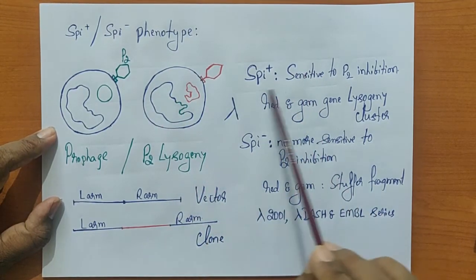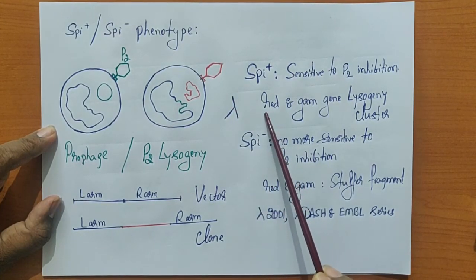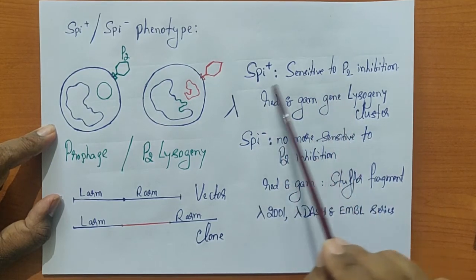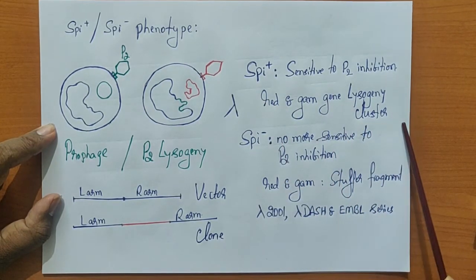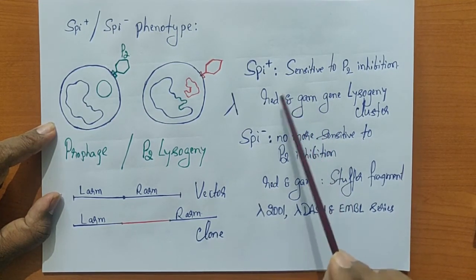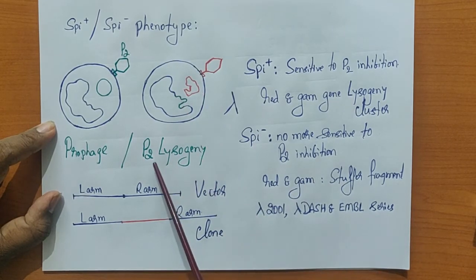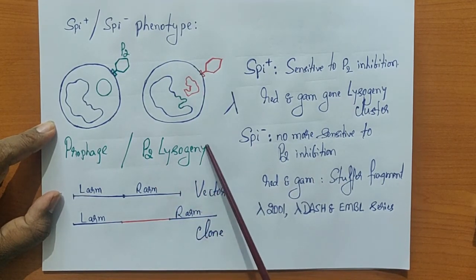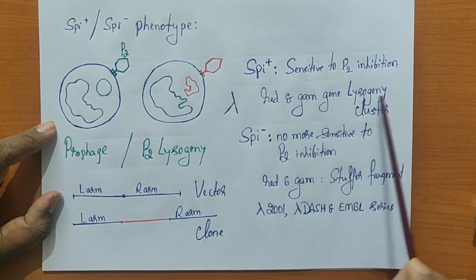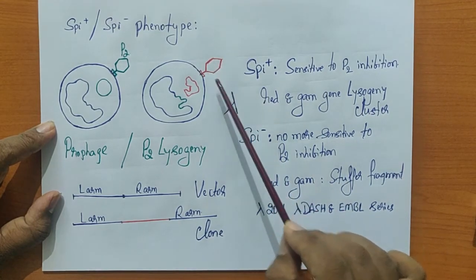Then on a detailed analysis, they found out that this lambda DNA carries functional genes, RED and GAM. Usually these two are part of the lysogeny cluster of lambda DNA. Because of this GAM and RED gene, the lambda DNA is unable to infect the P2 lysogeny host. Now they removed this RED and GAM gene from the lambda DNA and repeated the experiment.